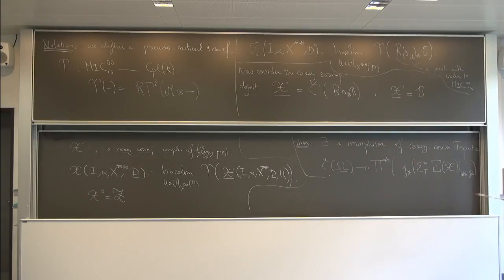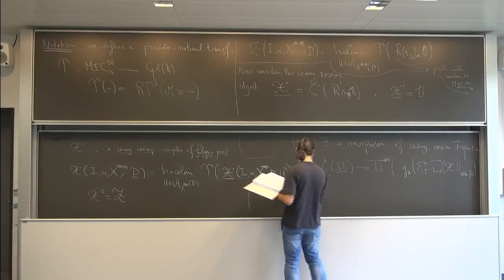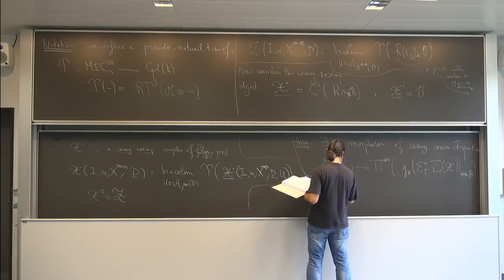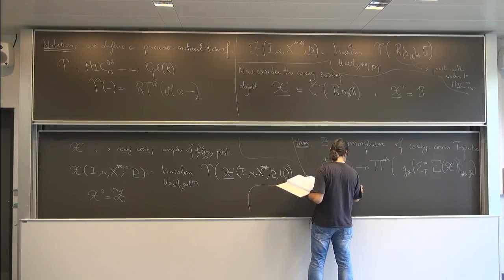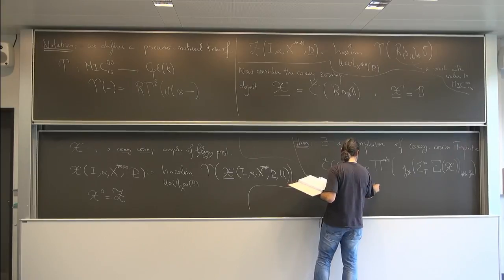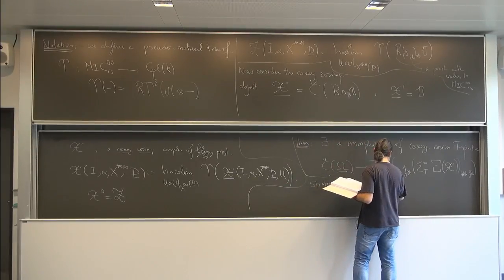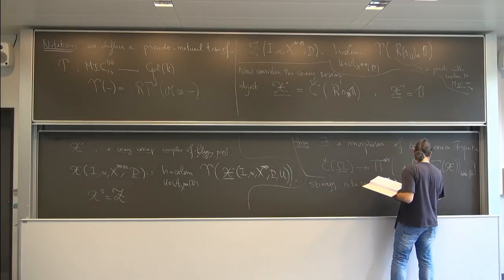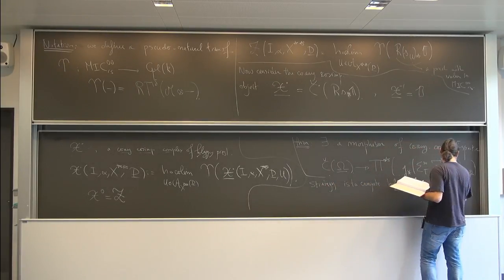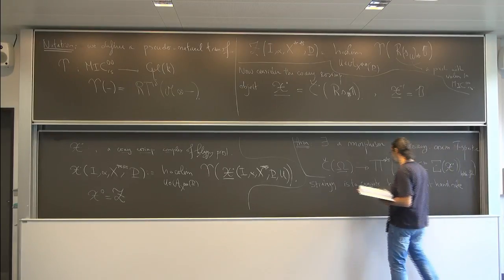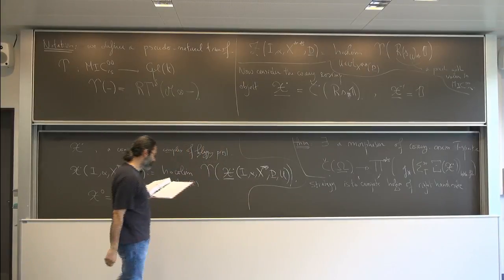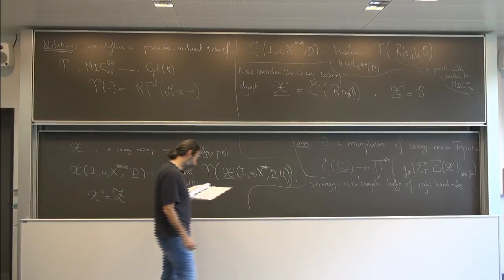Okay, so the strategy of the proof is to compute the homotopy limit of the right-hand side, or at least some significant quotient of this homotopy limit.